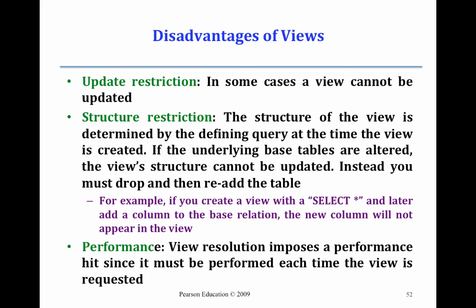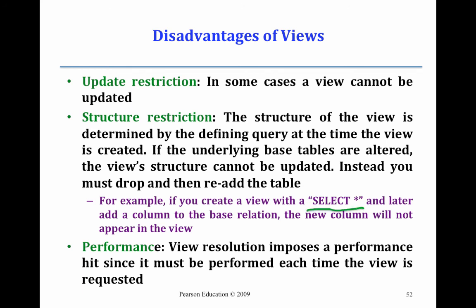Okay, and then the disadvantages, there's update restrictions on the views, so you can't always update them the way you would like. If the underlying base tables are altered and the columns in the defining query disappear, then you're going to have to delete the view and recreate it, which makes sense. So I don't think that's a huge problem, except in the one case shown here.